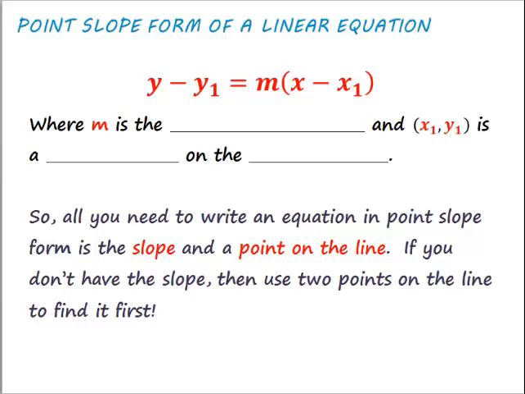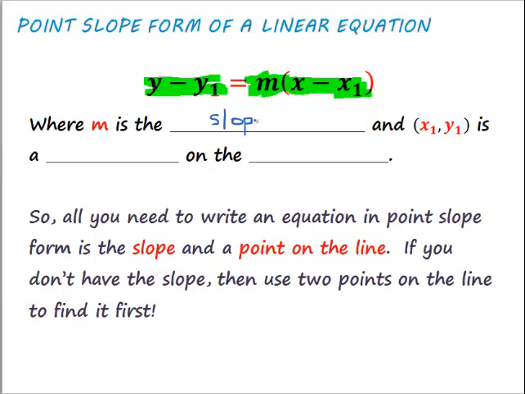Okay, point-slope form of a linear equation is written as y minus y1 equals m times x minus x1. That's the equation, so make sure you write that equation in your notes. Okay? And we're going to talk about what m, x1, and y1 are. M, if you'll remember, we refer to as slope.